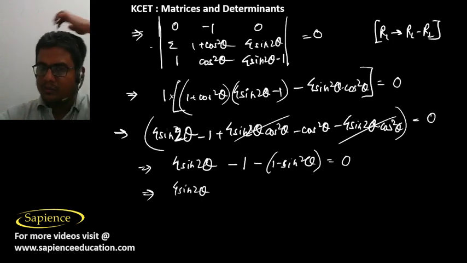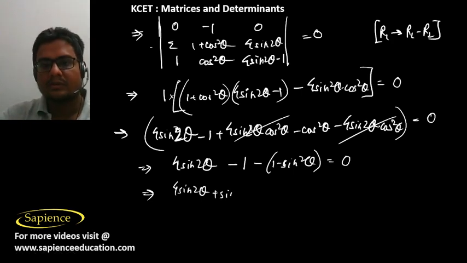So this will be 4 sine 2 theta plus sine square theta minus 2, that is equal to 0.